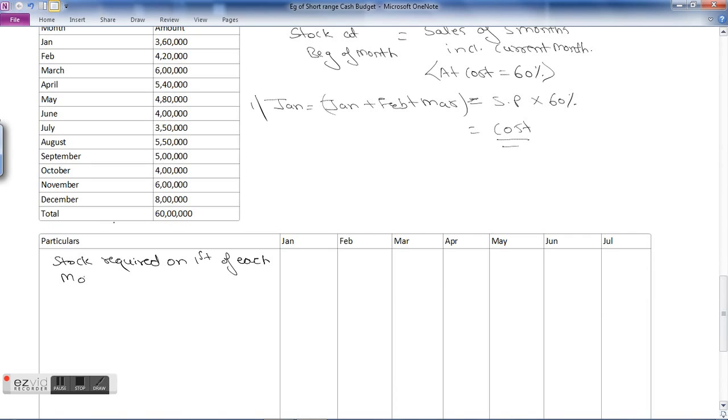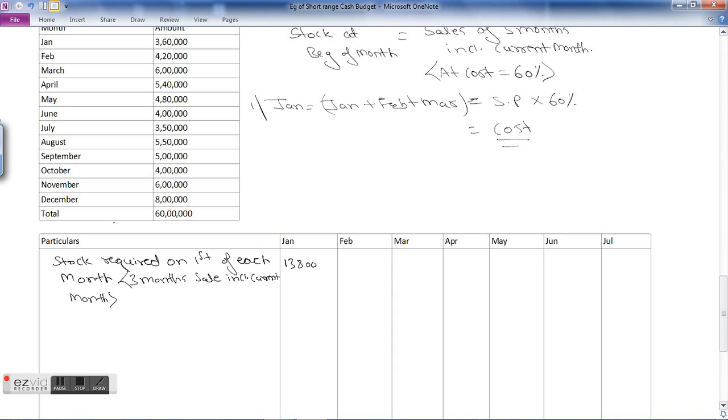That is 3 months sale including current month, right? So for the month of Jan, it will be 3,60,000 plus 4,20,000 plus 6 lakh, right? So that is 13,80,000.